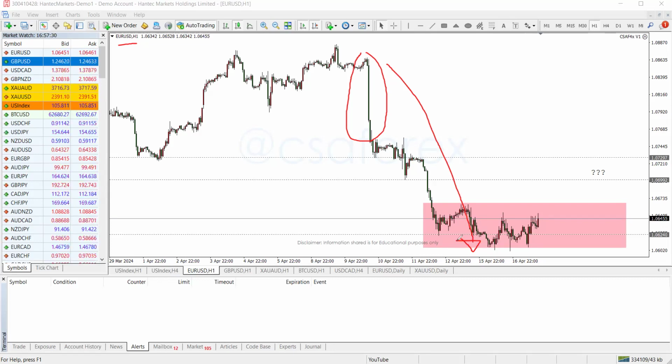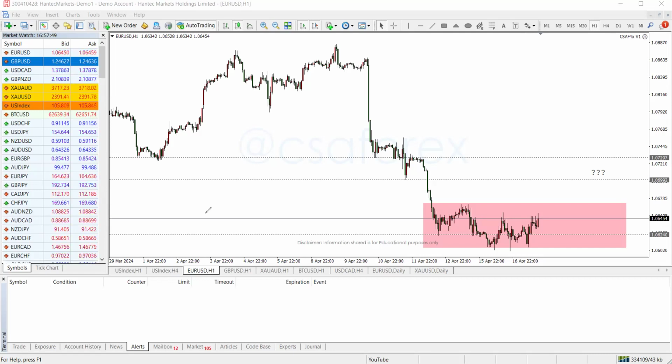With this downtrend, you will be expecting most times that the market is going to go into a state of equilibrium, consolidation, ranging. And that's exactly what is happening here, right?